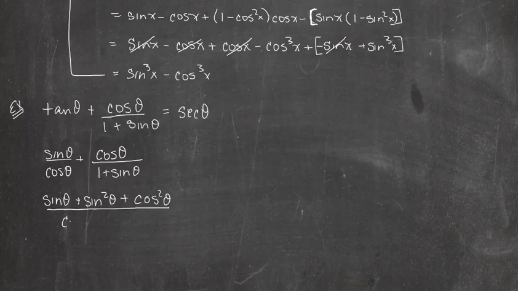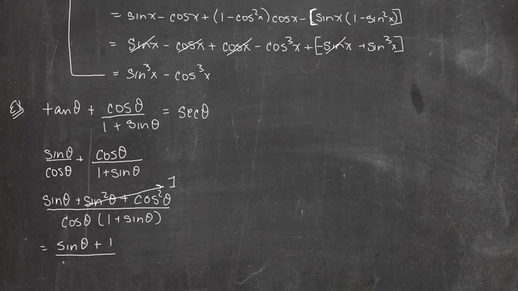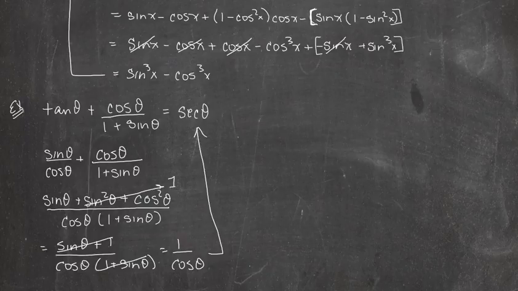Then in the numerator, this all equals 1. So I have sine theta plus 1 all over cos theta times 1 plus sine theta. Sine theta plus 1 cancels. I have 1 over cos theta, which is the same thing as secant theta.